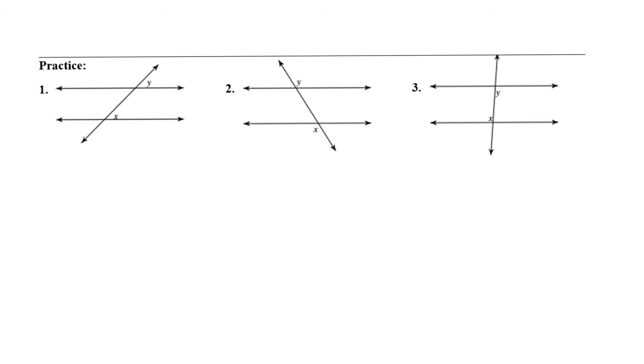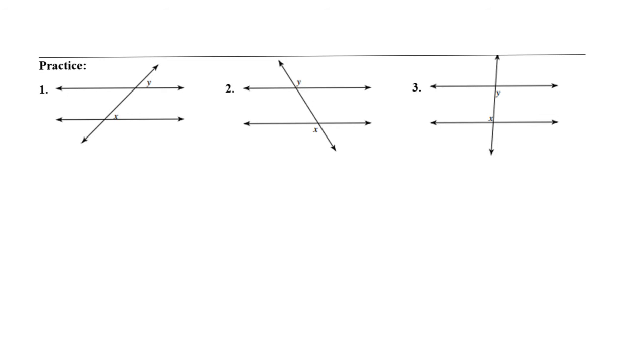All right, here we are going to practice what they are called. So the very first thing you want to look at on number 1 is, if you look back at your definitions, you'll notice that X and Y are on the same side of the transversal. So they can't be either of the options with the word alternate in them because they're not on alternate sides. They're on the same side.